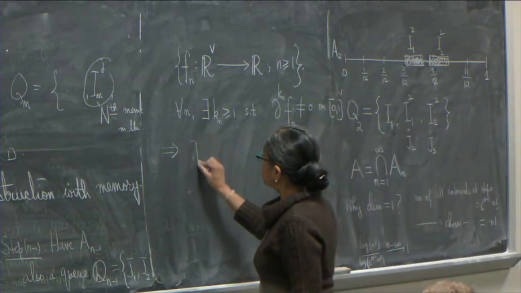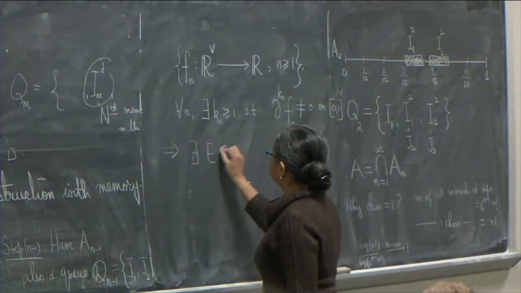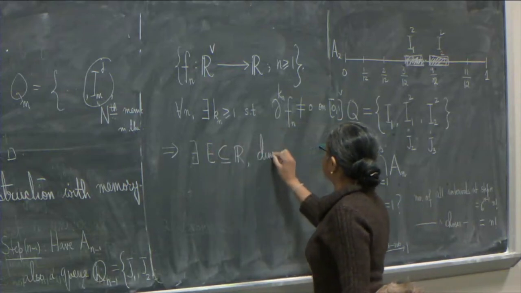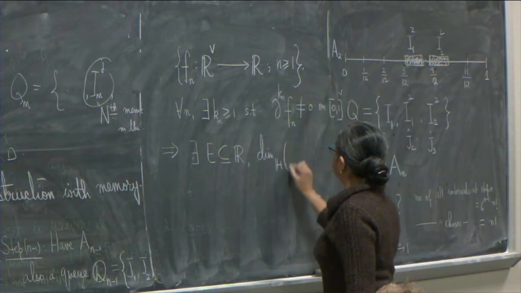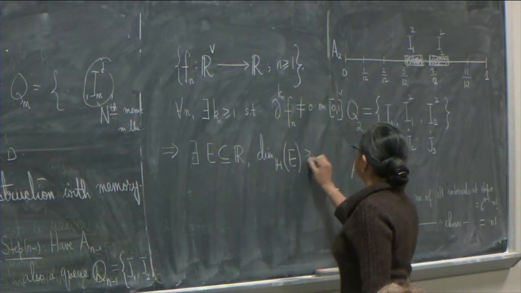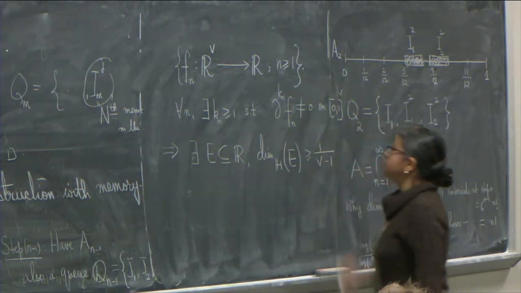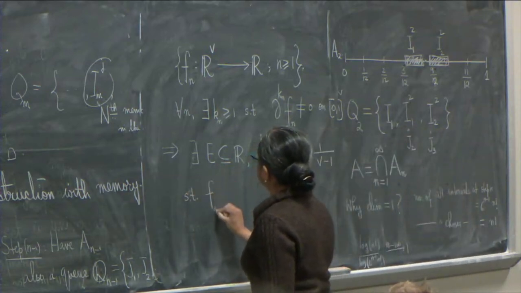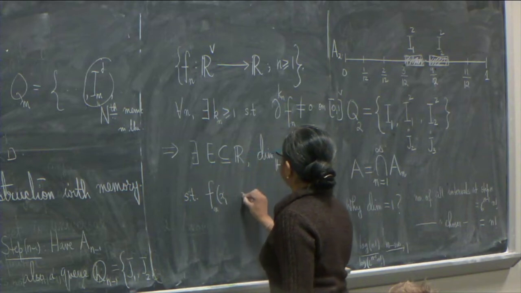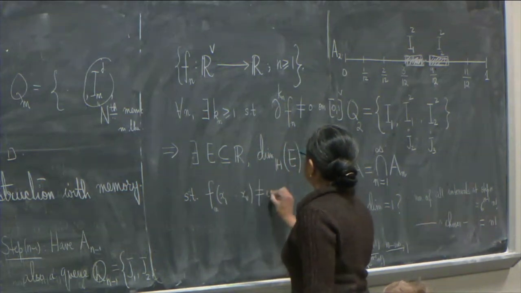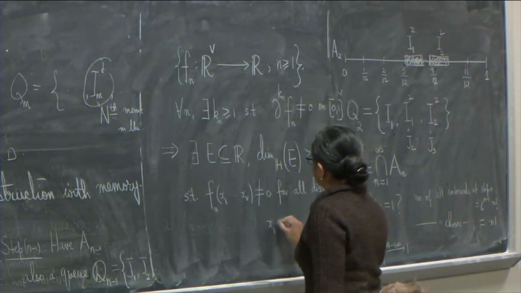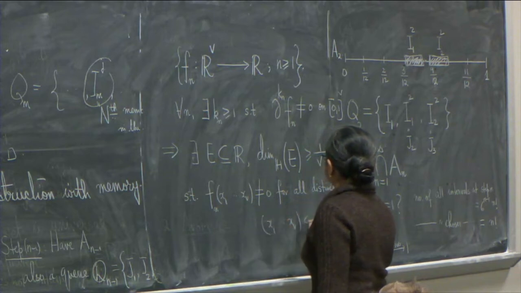Then there exists a set E, a subset of R, whose Hausdorff dimension is at least 1 over V minus 1, such that Fn of x1 through xv is non-zero for all distinct x1 through xv.